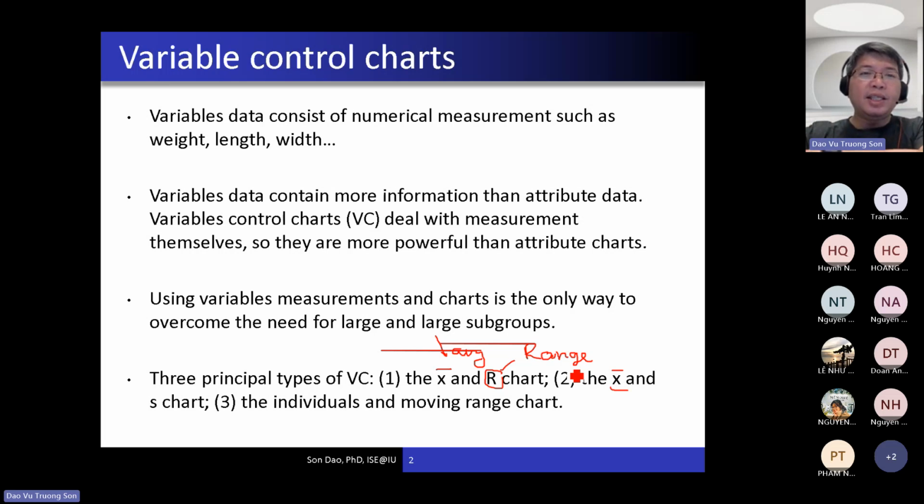But in some cases, for example, in the case of having outliers, what does outliers mean? Outliers are data that are extremely different from the rest.